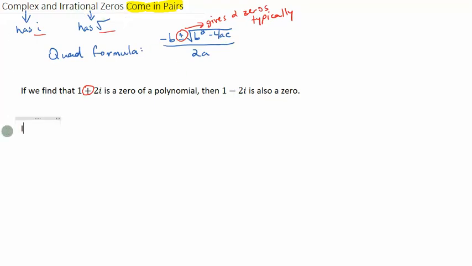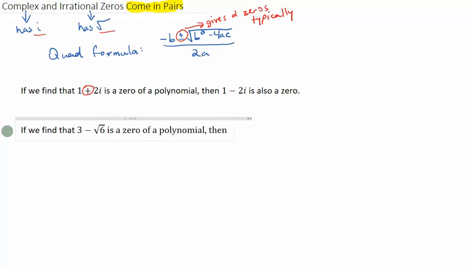What if we find that, let's say, 3 minus the square root of 6 is a zero of a polynomial, then the minus in this number comes from the minus part of the formula, which means we're missing the zero that has a plus there.